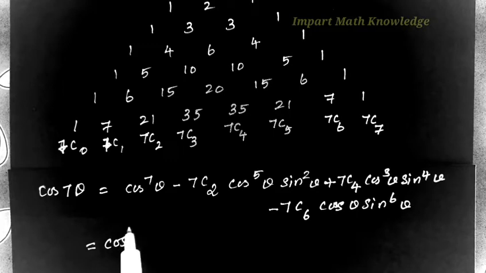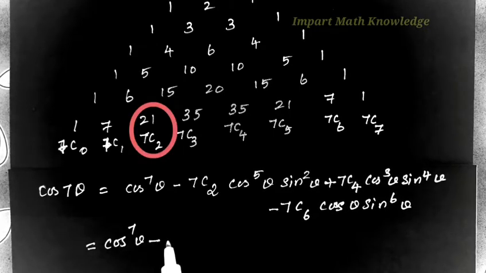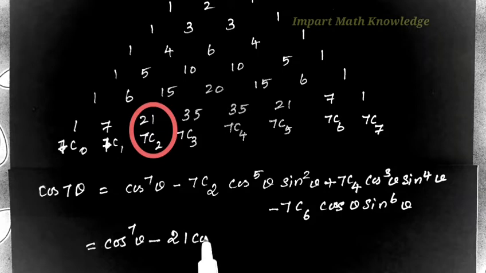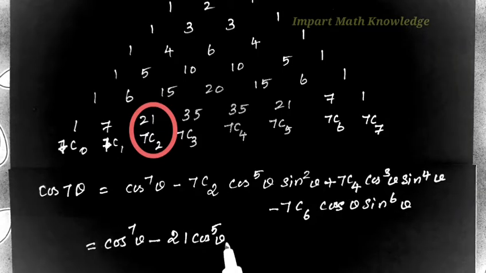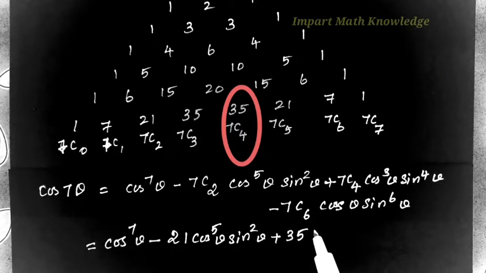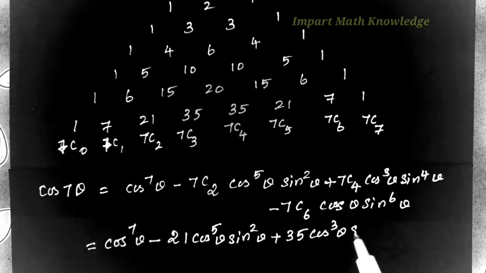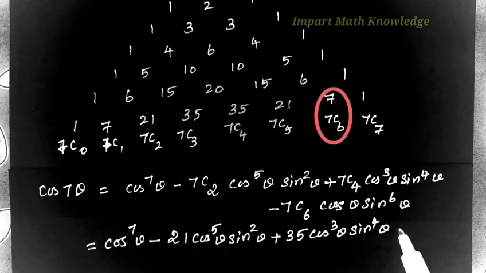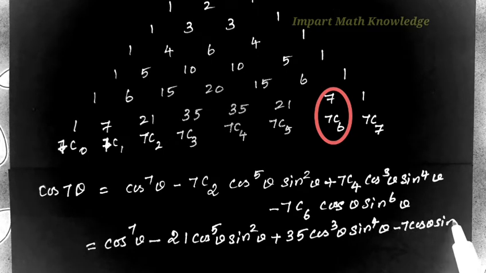Cos power 7 theta, 7C2 is 21, cos power 5 theta, sin square theta, 7C4 is 35, cos cube theta, sin power 4 theta, 7C6 is 7, so minus 7 cos theta sin power 6 theta.